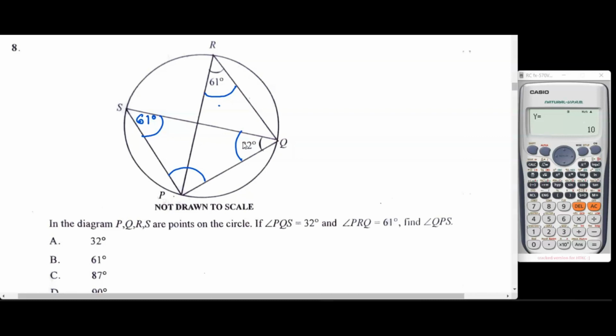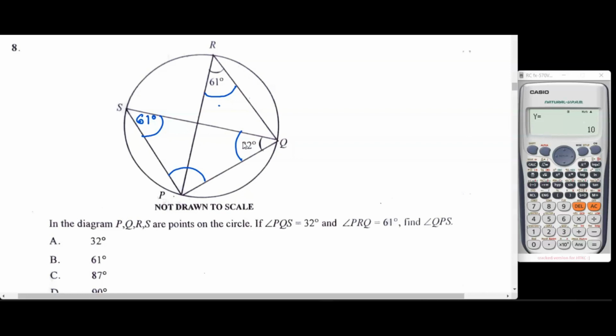And therefore, if you do so, then you can see that in triangle PSQ, two interior angles are known, but it's left with the third angle, which is the one that we are interested in per the question.